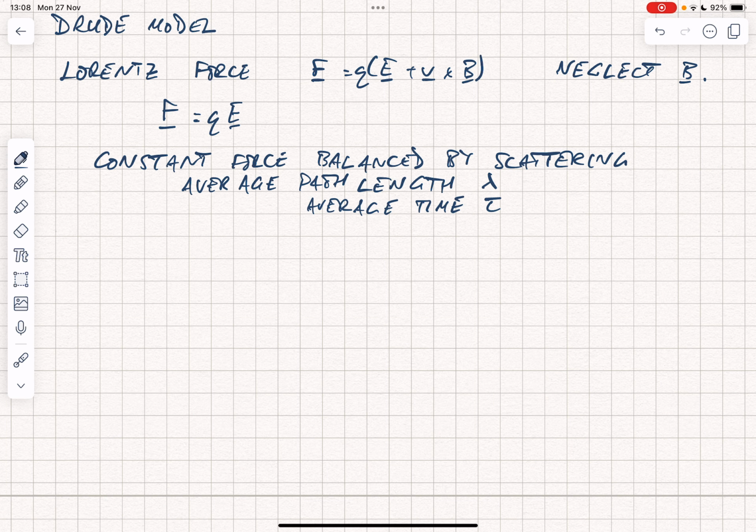So now we know that the force is equal to dp by dt, where p is the momentum. And so if we're thinking about averaging, we can say that the momentum is going to equal QE, that's the force, multiplied by tau, so that's effectively integrating over that scattering time period. That's an average, using the fact that, of course, p is equal to m times v, and we already know that J is equal to rho times v.